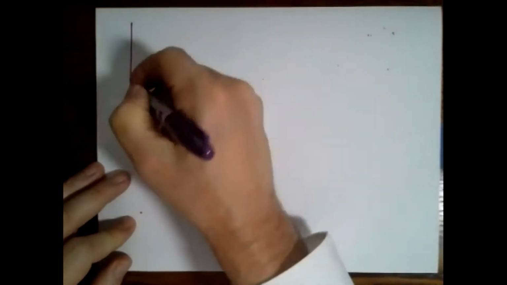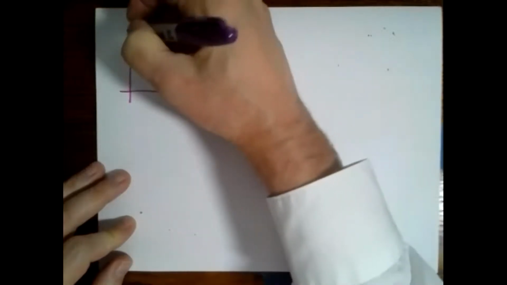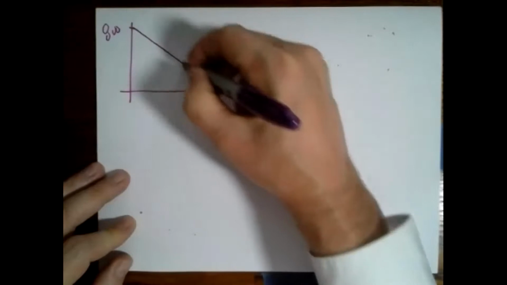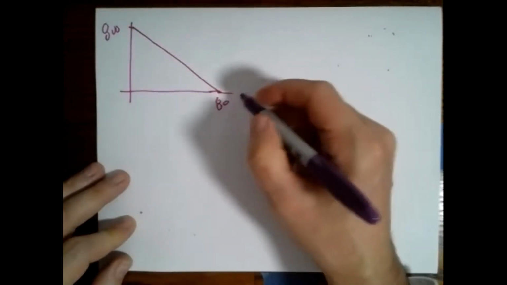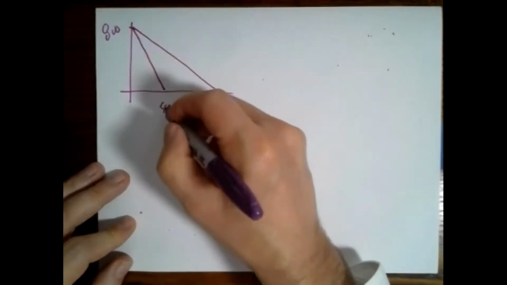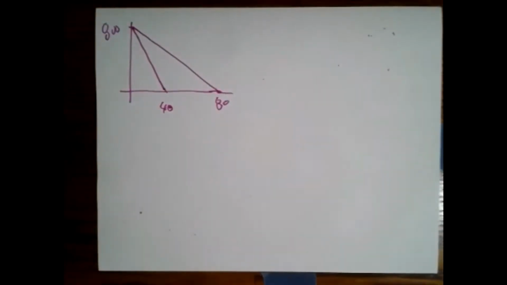So if we were to draw the price and marginal revenue, right? For this function, we would have 800, 80, and then 40 is going to be where marginal revenue equals 0, right?